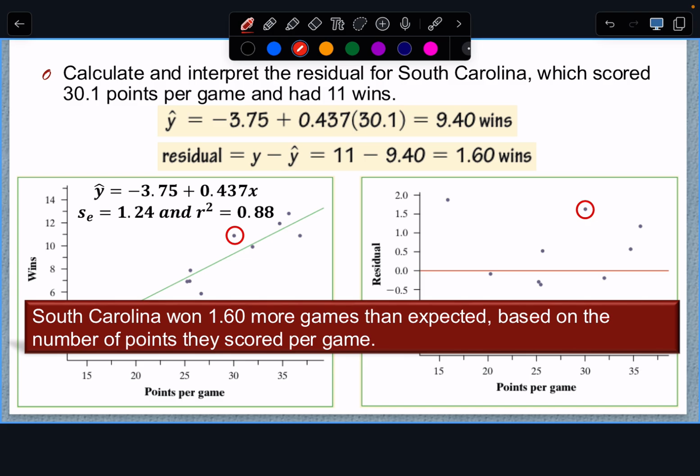Based on the result that we get, it's this much higher than expected or this much lower than expected based on my value of x. So in this case, we underestimated the number of wins. They actually won more than we predicted. If this had come out negative, that means that they didn't win as many as we thought they would have. So we would have overestimated in that scenario.